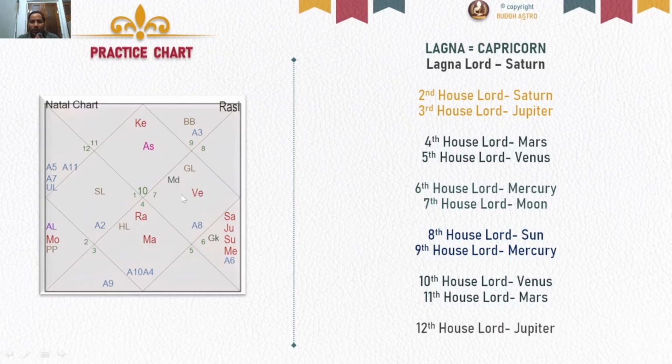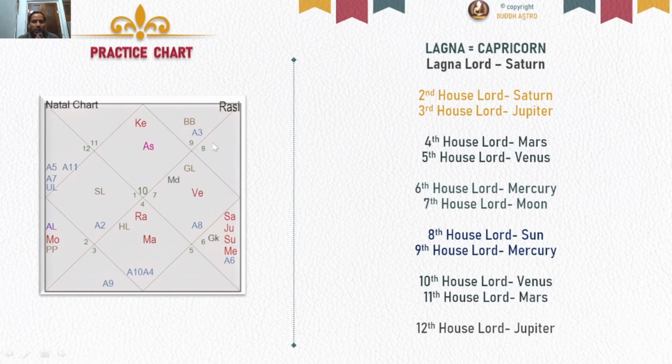Right? Similarly, the 11th house has the sign of Scorpio, and the Mesha sign falls in the fourth house. This is the fourth house. One number means Mesha. This is the 11th house. Eight number means Scorpio. These both zodiac signs are ruled by Mars.